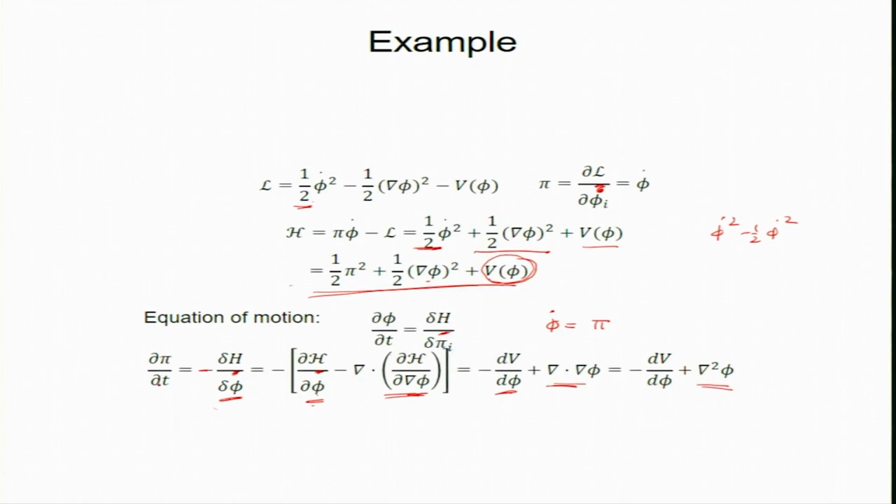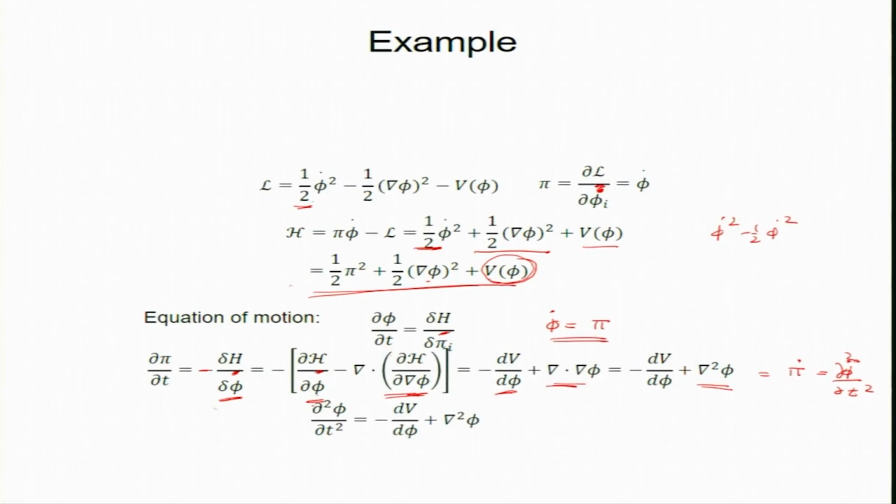So this is pi dot, and pi is phi dot, so this is nothing but phi double dot, or d squared phi dt squared. I am just using this relation. So this is the equation.